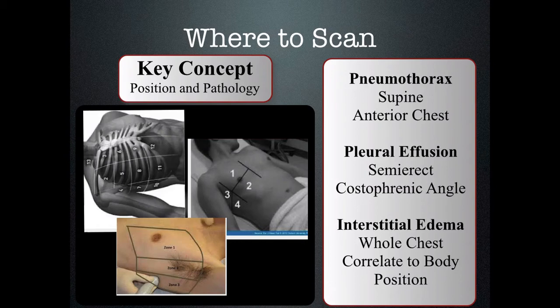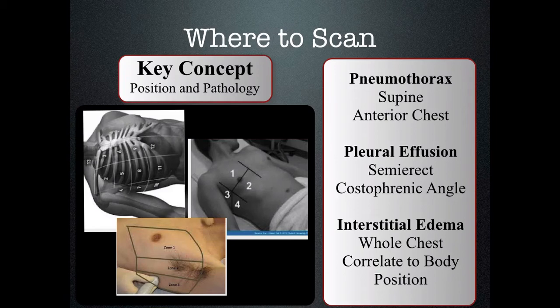So if your patient has been ambulatory and comes in with a cough, you will be looking for the artifacts that indicate pathology in a different location than if the patient had been laying flat in an ICU bed for the last week. Many pathological entities will depend on this positioning.